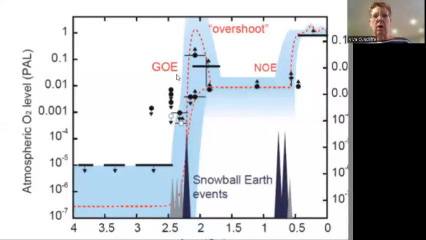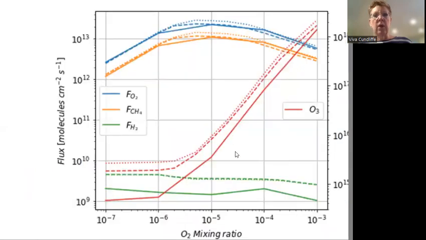They're called oxygenation events. They created what were called snowball Earth events, which was when glaciation on the planet vastly increased to the point where the ice that we had was down at the equator.